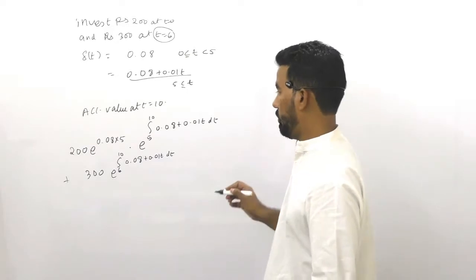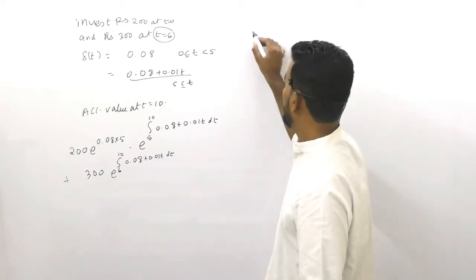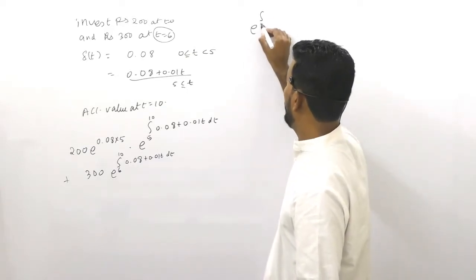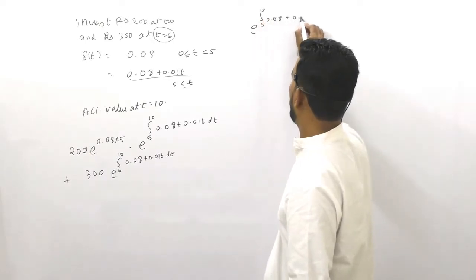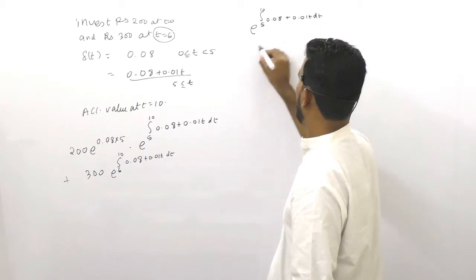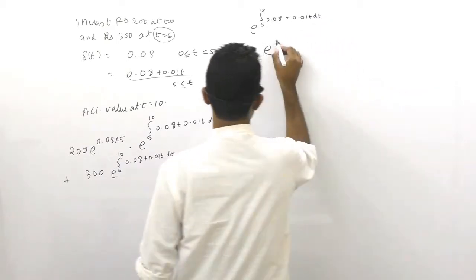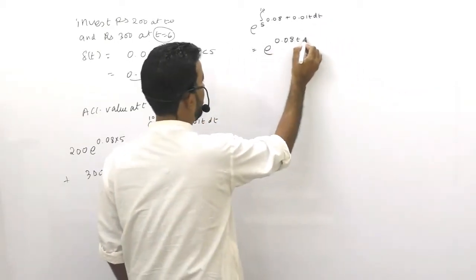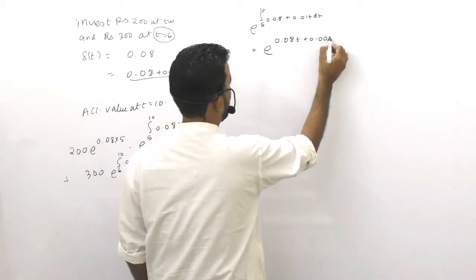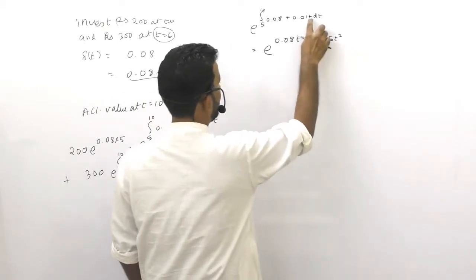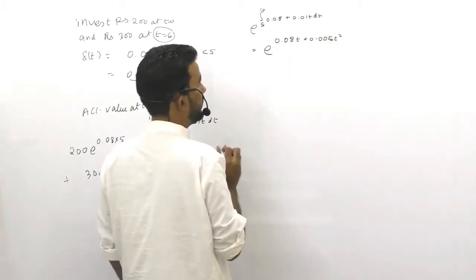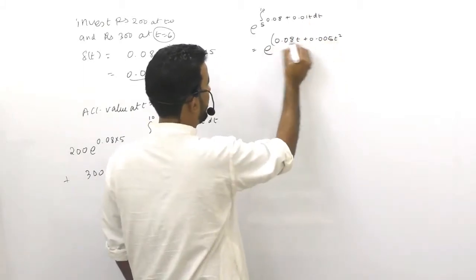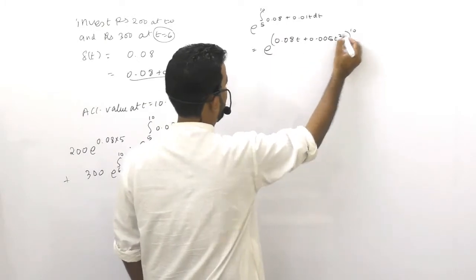So now let us try to solve this. Let us first find the value of e raised to the integral from 5 to 10 of 0.08 plus 0.01 t dt, which is e raised to 0.08 t plus 0.005 t square. It is t square by 2, so I just divided by 2 with the 0.01 coefficient, and the limits are from 5 to 10.